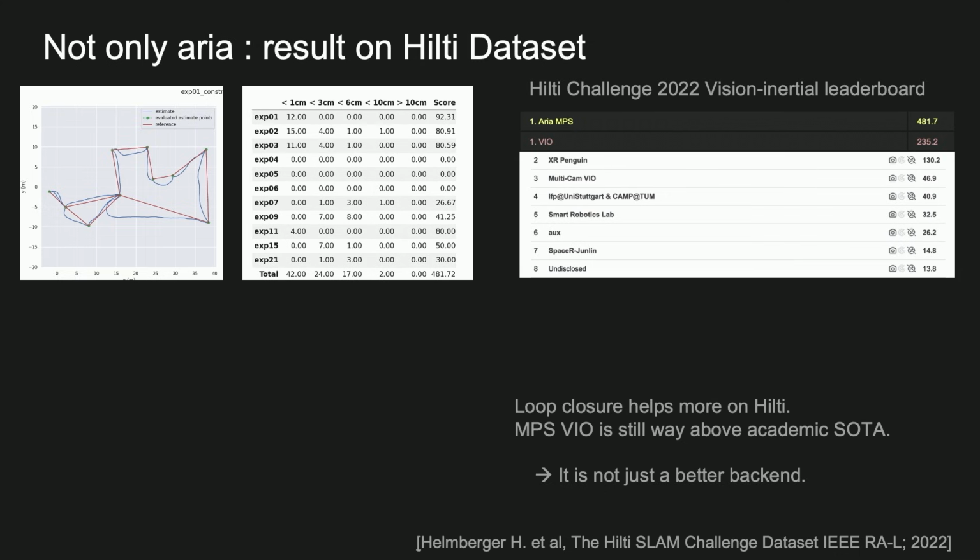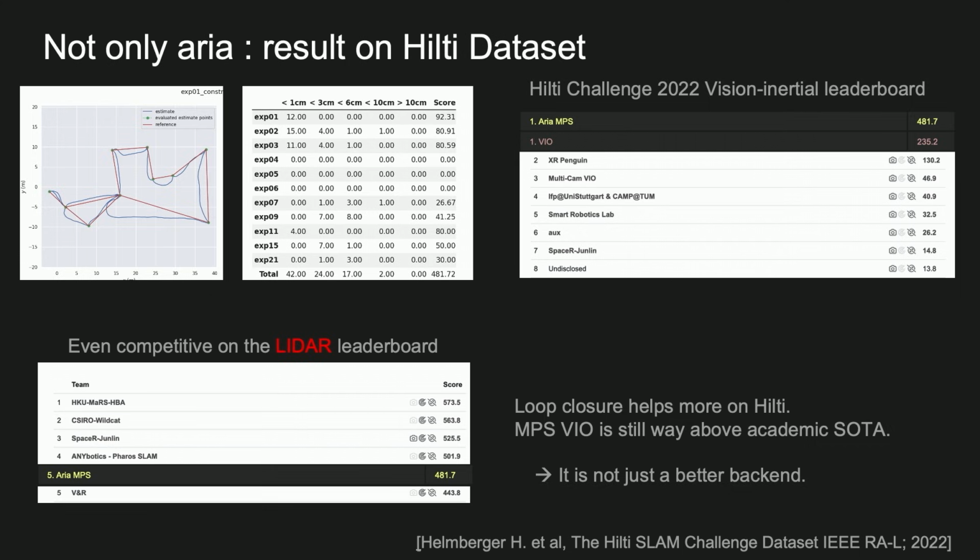If we run Aria MPS and VIO on it, we see that Aria MPS scores about twice the number of points as VIO. Here the loop closures are very useful. But even on that challenge, VIO is way better than all the competitors in 2022, who were also doing SLAM and loop closure. Actually, Aria MPS is very competitive with LiDAR methods on this dataset.